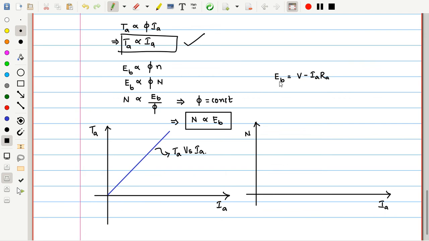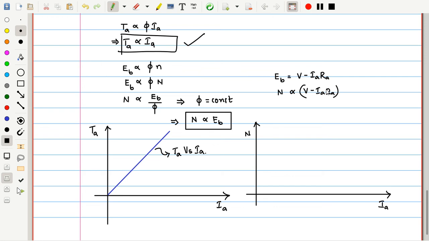Clear? So what is Eb? Eb is proportional to speed. Now can I say the speed N is proportional to V minus Ia Ra from these two expressions? Why? Because Eb is directly proportional to N. So I can say speed is proportional to V minus Ia Ra.